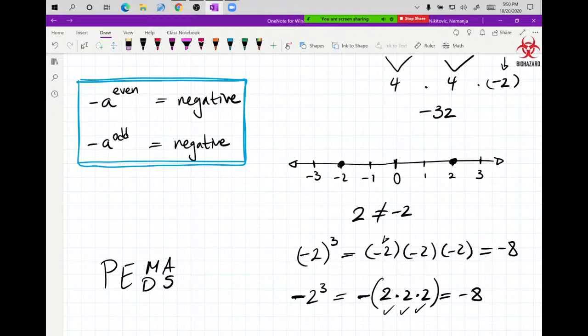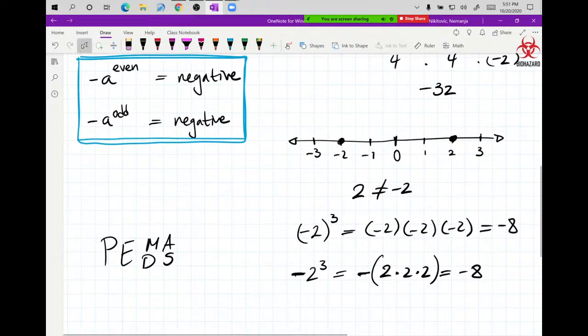Earlier, it was negative 2 repeating 3 times because you had negative associated with the 2. Now, negative is no longer associated with 2. It's associated with the entire problem. So you can literally put these parentheses around like that if you want to, and you can see that 2 cubed is what we have in this parenthesis.